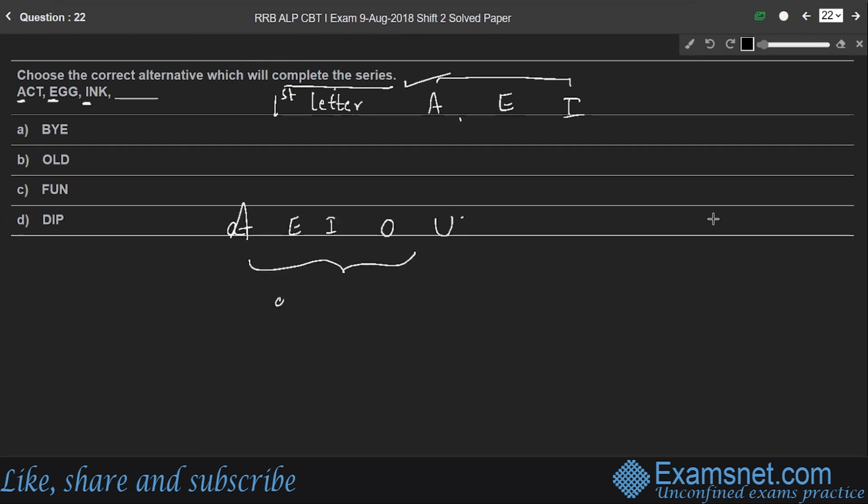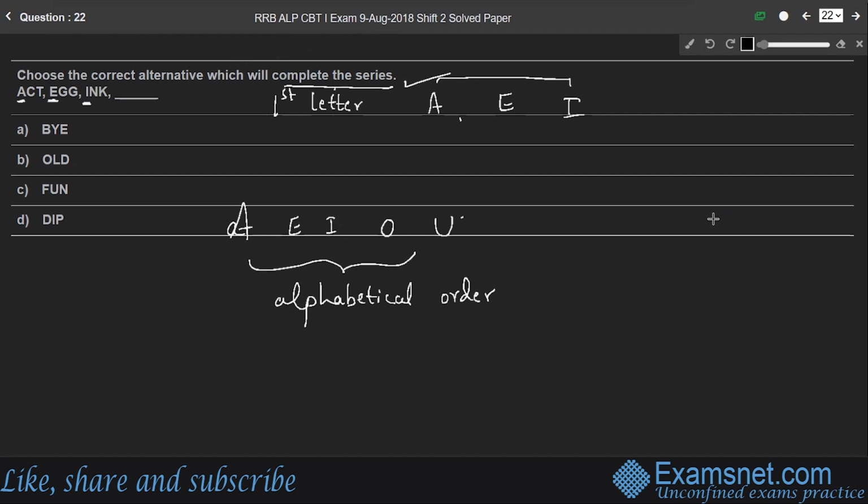According to the alphabetical order of vowels, these vowels are arranged as A, E, I, O, U. So the first letters of the given three words are A, E, and I respectively.